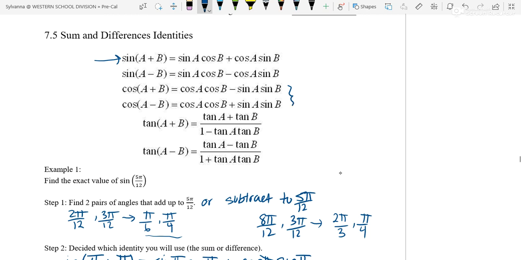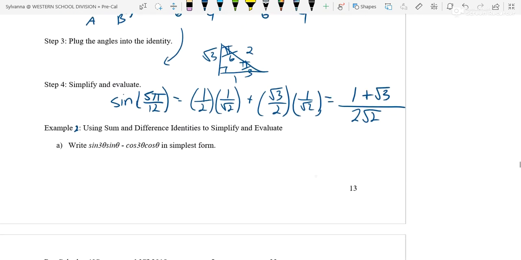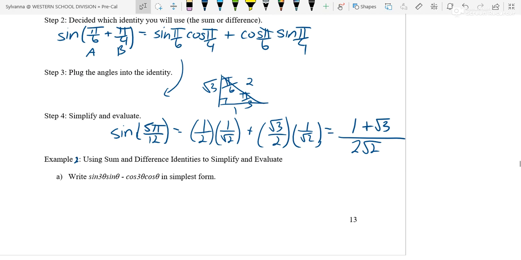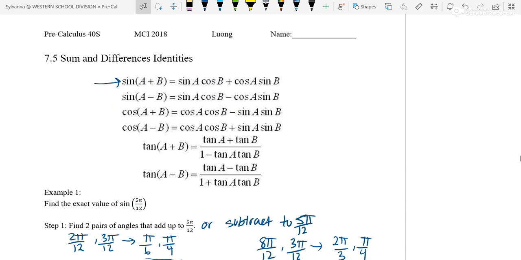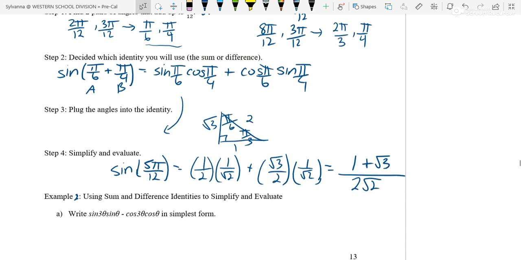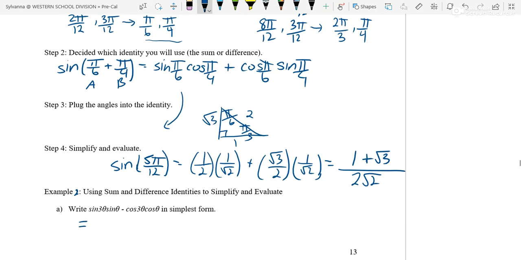So I know it's going to be either cos of A plus B or cos of A minus B. I don't want a minus in front of my cos cos, because look, these two don't have a minus. So what I can do is try to factor it out first and then see where it takes me. So let's factor out the minus.